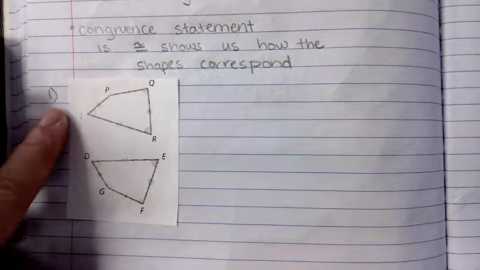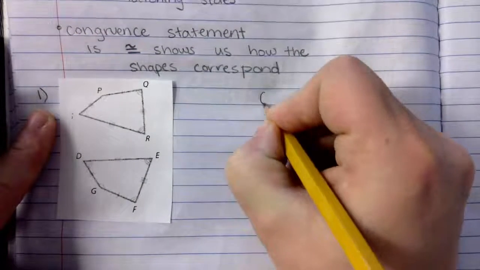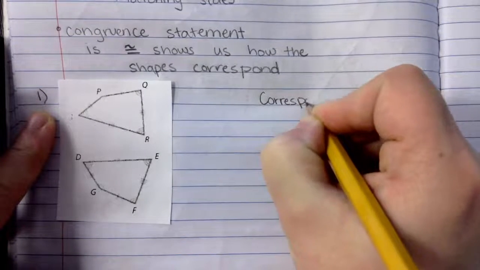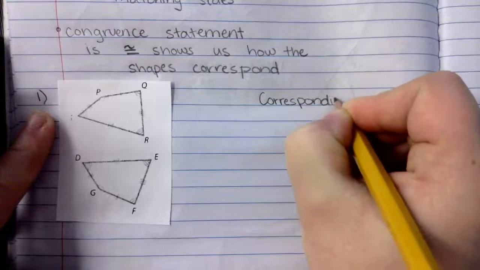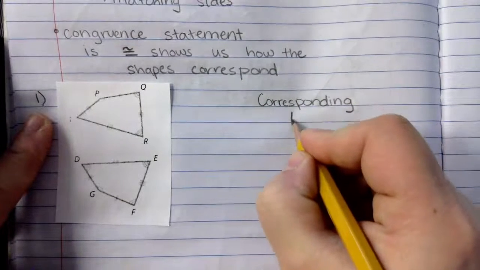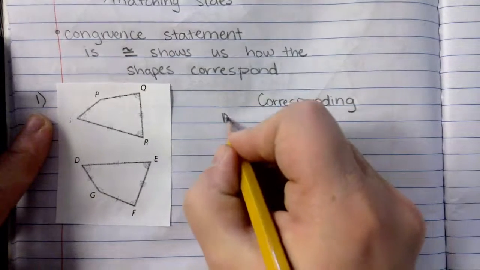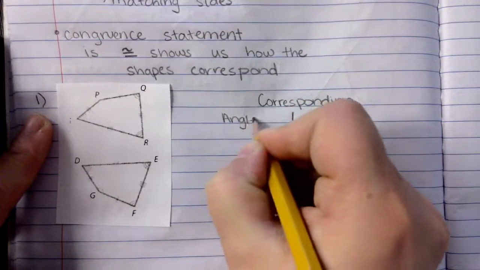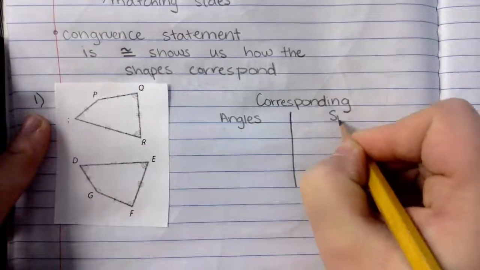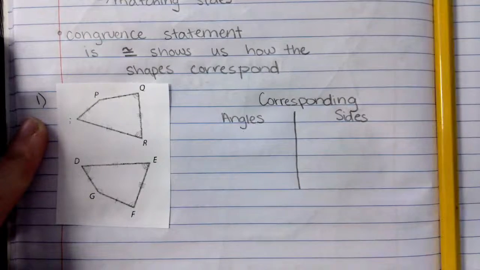So I'm going to write corresponding across the top here, and we're going to do it in 2 separate parts: corresponding angles and corresponding sides. We're going to list out all the angles from the top that correspond with the bottom, and then we'll do the same thing with the sides.